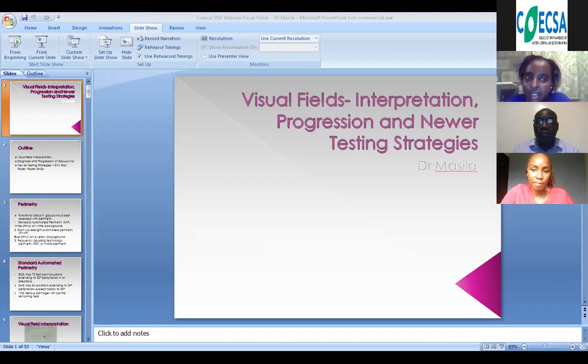If it's a patient who's just young, you can do fields very frequently. Again, it depends on the stage of the glaucoma and whether you're suspecting a fast progressor or a slow progressor. But most of the time, on average, I do 2 fields in a year. I do just 2 most of the time.